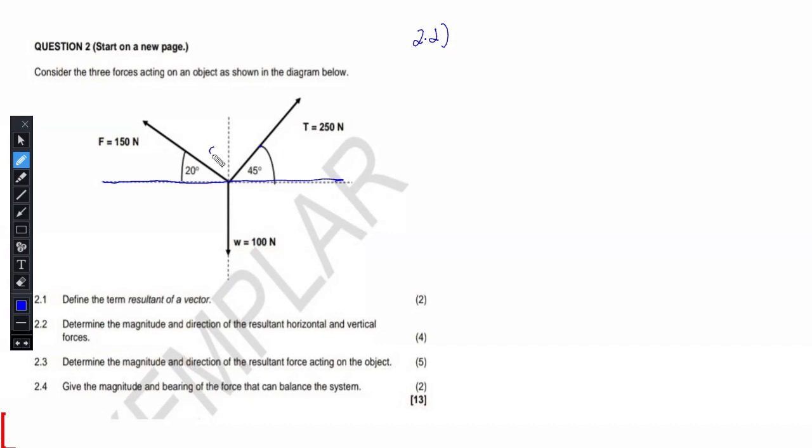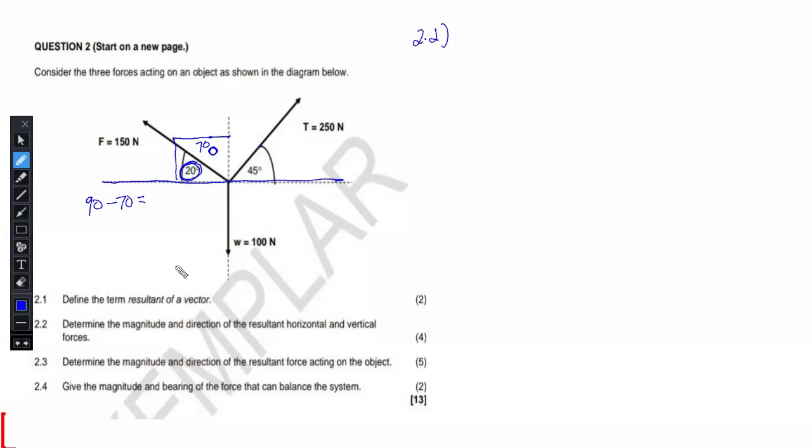If the angle is given on the other side, for example, then you need to first subtract it from 90 degrees. So if you were given, say, 70 degrees there, we wouldn't use this 70 degrees. We would have to say 90 minus 70 degrees, and then use the angle that is produced.